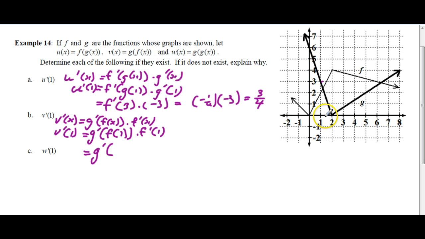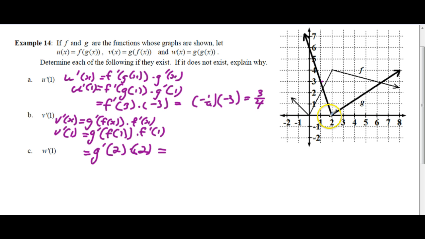Okay, so f at 1 is 2, so g prime at 2, and f prime of 1, so the slope of this line is 2, times g prime of 2.